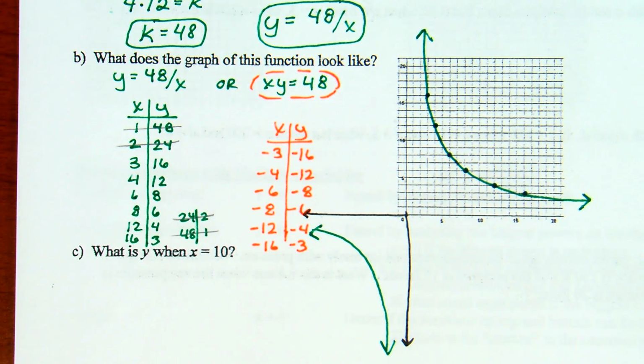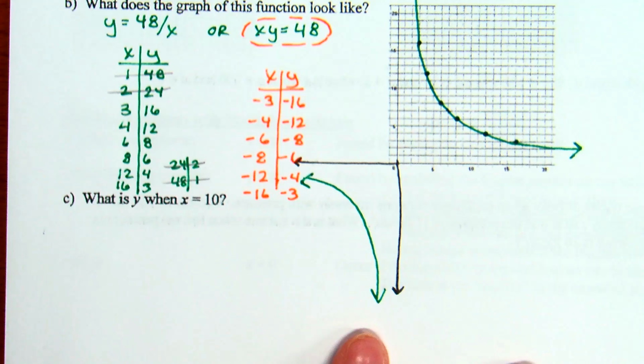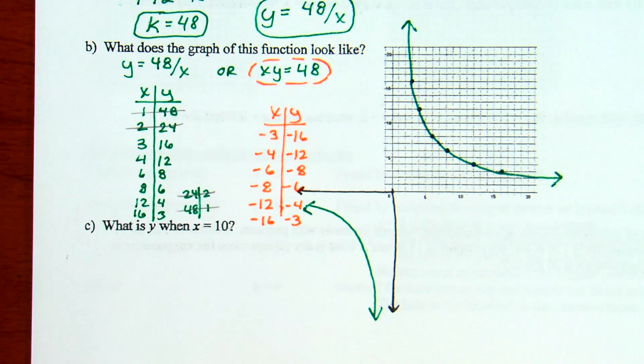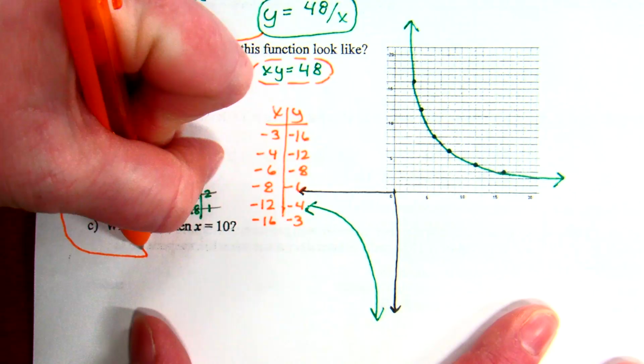Okay, we need to answer part C. Got my screen back. Thoughts on how to answer part C? What is y when x equals 10? Carter? Can we just go back up to the top and take that 48 divided by 10? In other words, we had this equation up on part A, yes?